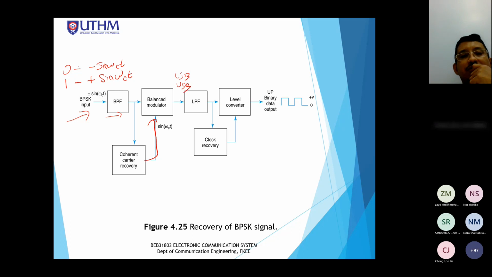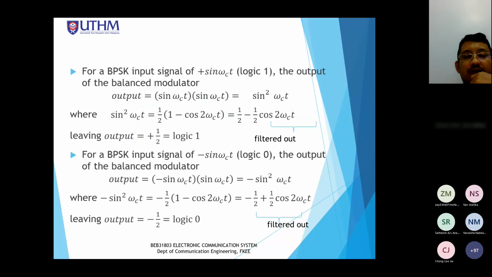Since we want the low frequency signal, we use a low pass filter to get the LSB, and then a level converter to convert from bipolar to unipolar. So we produce a unipolar output. These are the equations at the receiver side. These are the things that we asked in the final exam a few semesters ago.